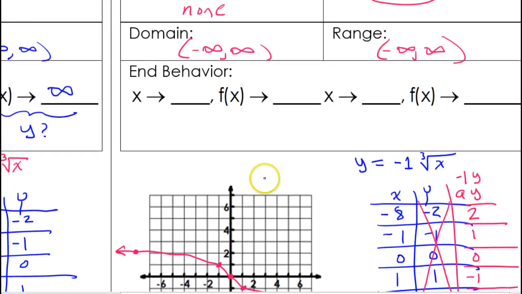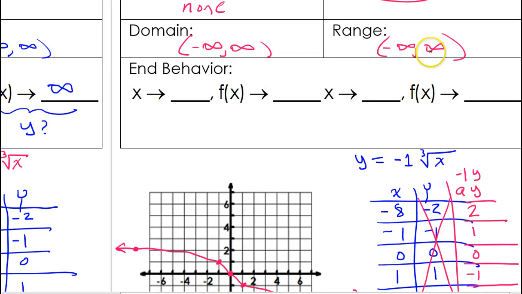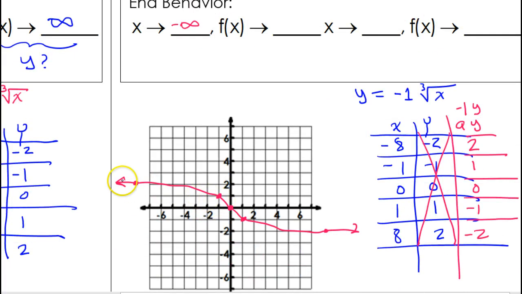So that's why the domain and range is -infinity to +infinity. And for end behavior, it goes left forever, but as we go to the left, it's rising, so +infinity. Now, on the right-hand side, it goes to the right forever, but as we go to the right, it is falling, so I'm going to put -infinity.